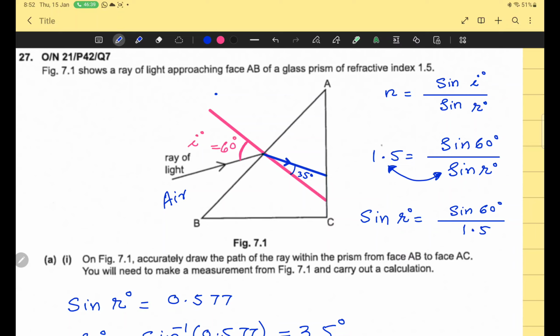You have calculated and you have drawn. And I should reduce the size of the normal. So this is the normal line. Sir, why did you reduce? Because I have to draw another normal here.